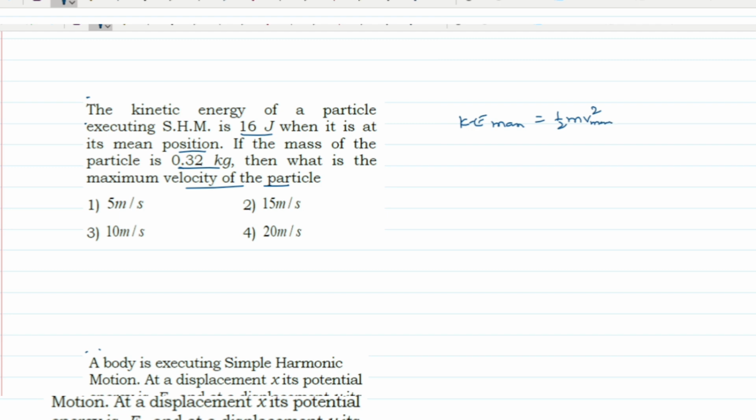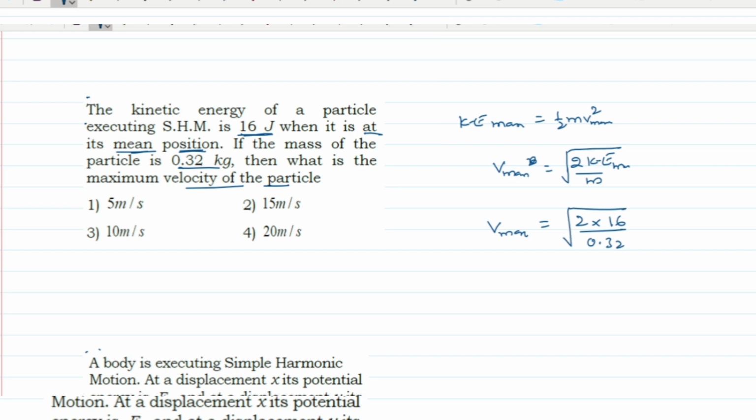So v maxima square equals 2 into kinetic energy by m, and taking the square root, v maxima equals the square root of 2 into the maximum kinetic energy, given as 16 joules, by the mass 0.32 kg.